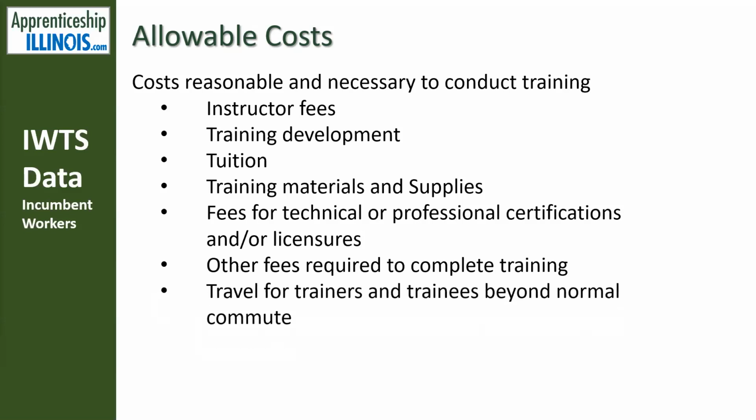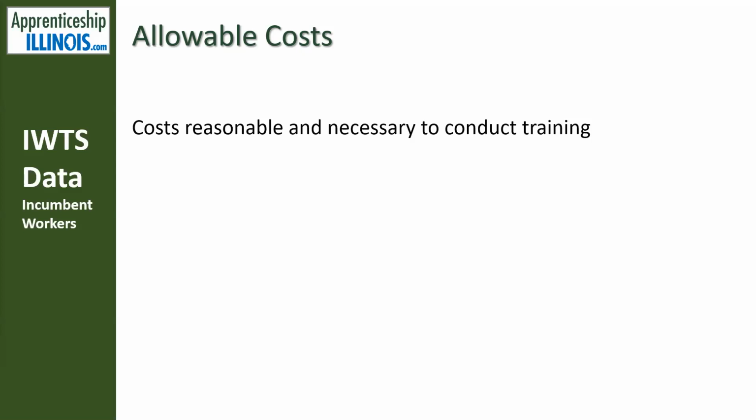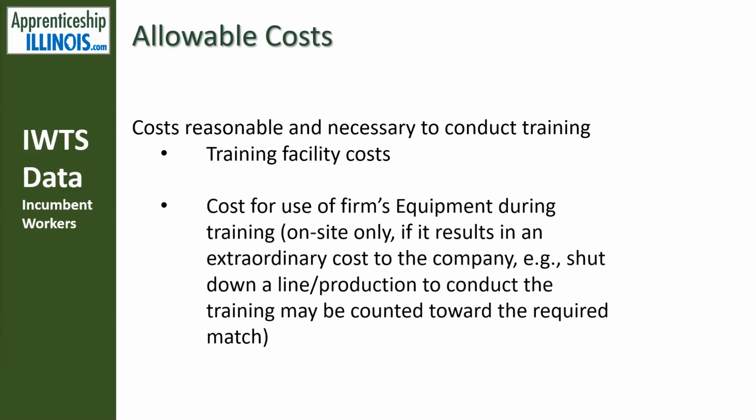Okay, next slide. Oh, we missed travel. Oh, right. Yeah, it's okay to pay travel expenses for trainers or for workers to travel to training if it's outside their normal commute. Okay. Other costs that are reasonable and necessary: if you had to rent a training facility, or, and this is kind of a nuanced one, say a company had to take its own equipment offline to handle the training.